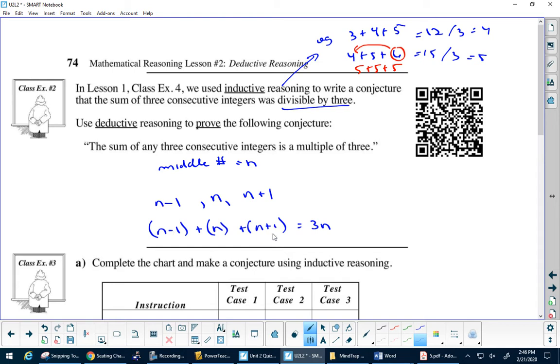What happens when you go negative 1 plus 1? It's 0, isn't it? So look, it's 3n. Is 3n divisible by 3? Yeah, because if I divided by 3, I would get n. So there's my proof. This is proven using deductive reasoning.